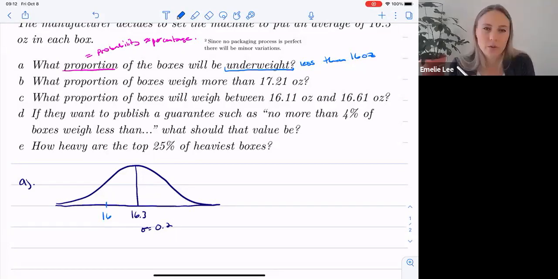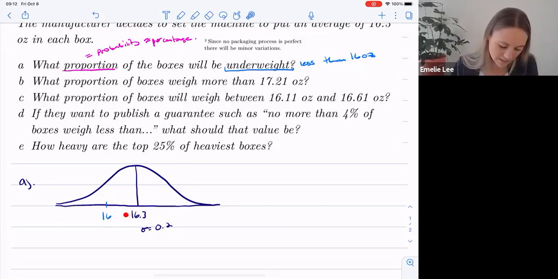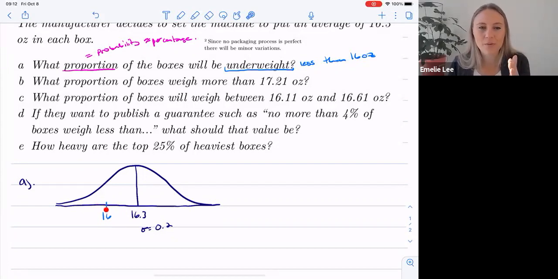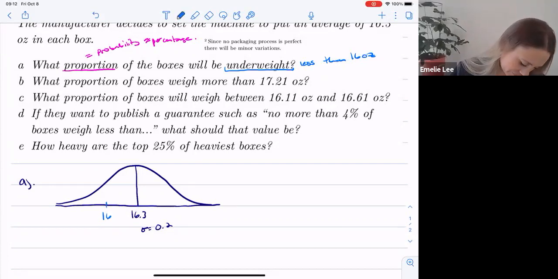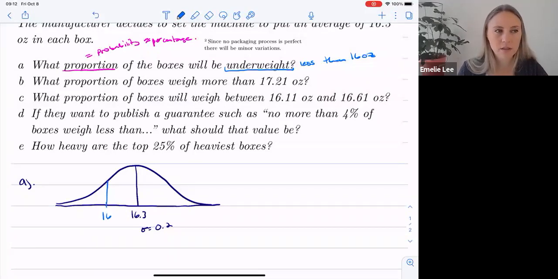What I want you to remember is that you don't need to spend a lot of time figuring out where 16 goes. It's just to help you visualize the areas. Often I'll just put points at the halfway mark, even though they should be way out in the tail, or maybe really close to the mean. It's just to visualize.